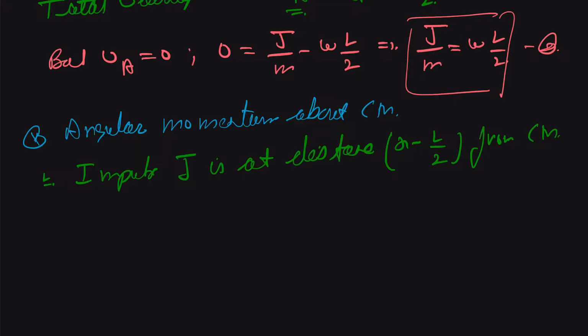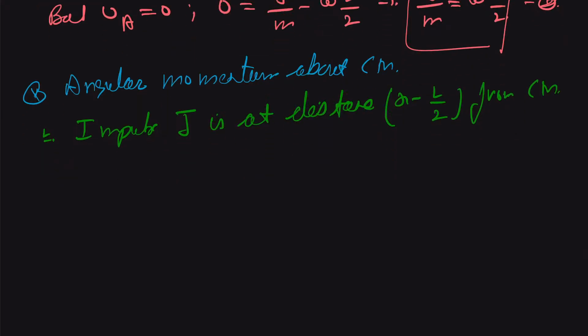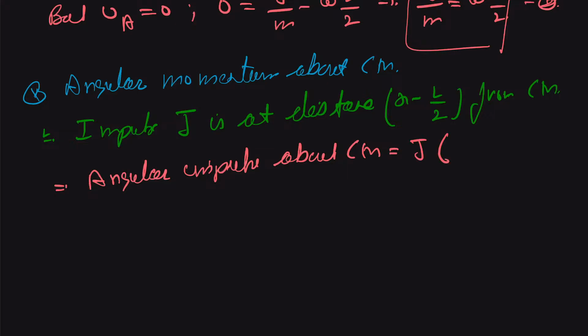which basically means that the angular impulse about the center of mass is equal to J times x minus L by 2, which is also equal to ICM times omega.